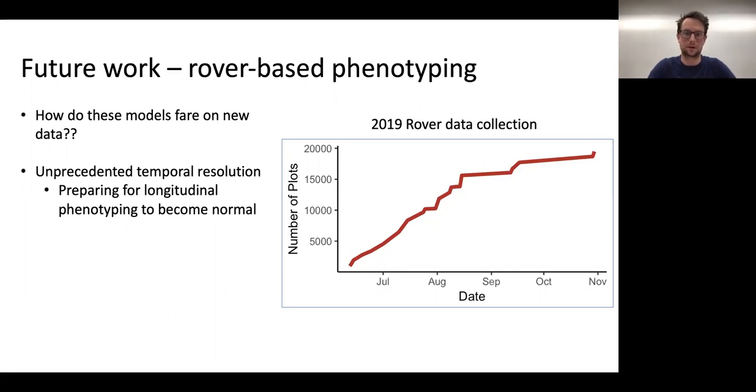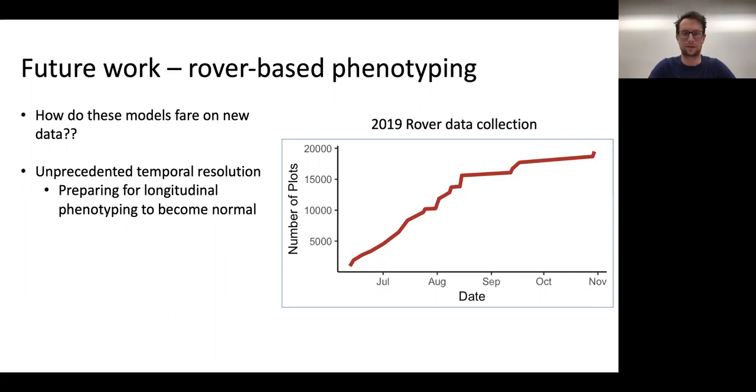UAVs offer similar temporal resolution, but the rovers are collecting completely different types of data. And so thinking about phenotyping as we move into the future, these types of technologies are allowing longitudinal phenotyping to become the new norm.